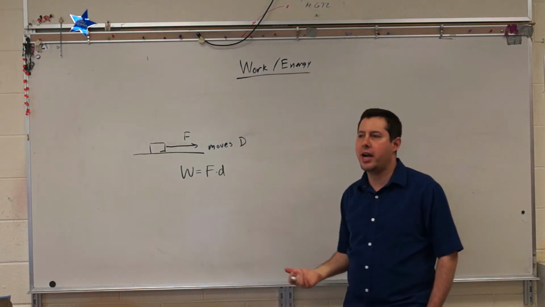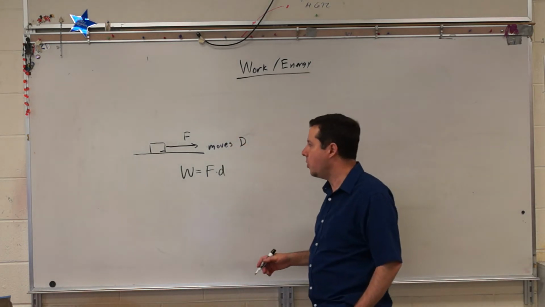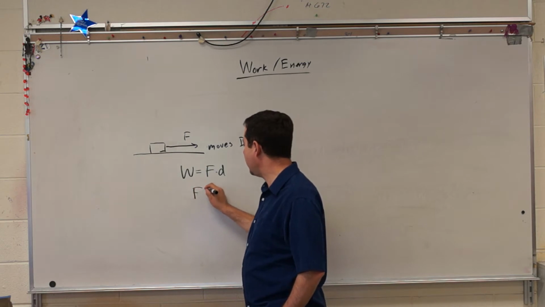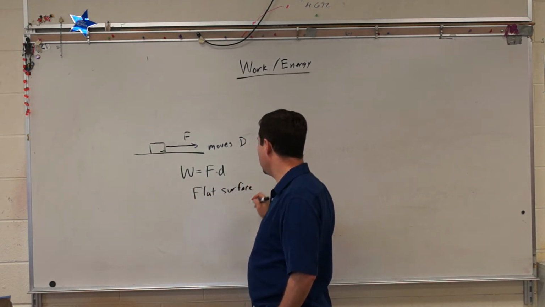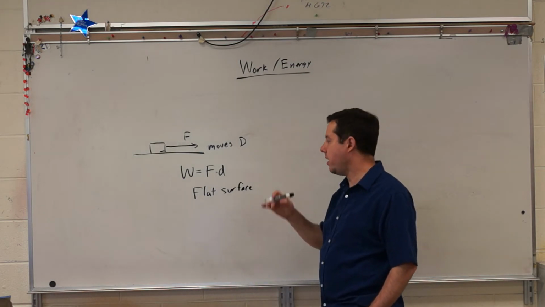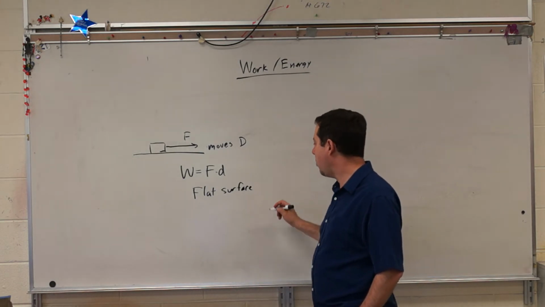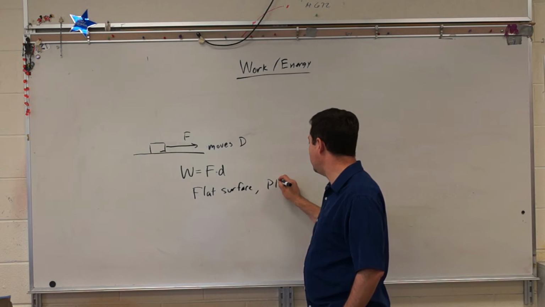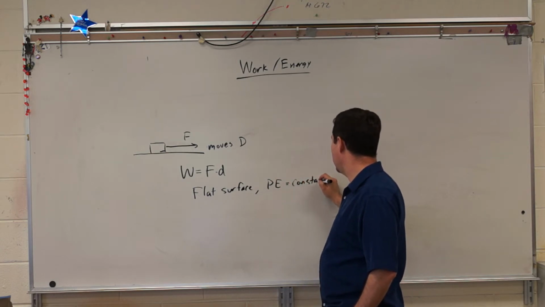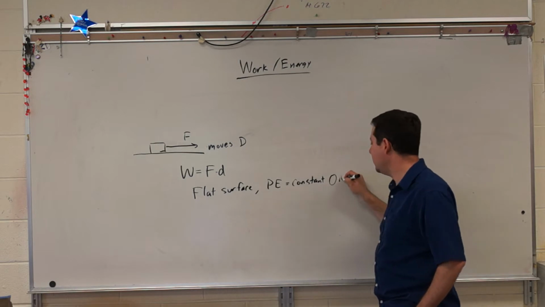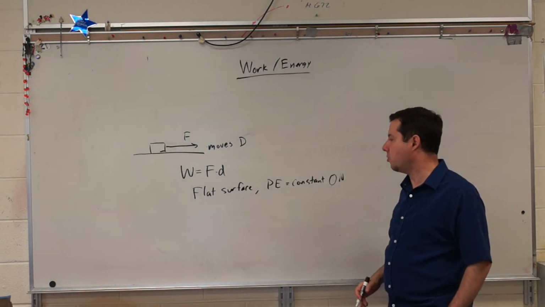But the question is, what kind of energy are you adding to it? So keep in mind, in a flat surface, there's no change in height or elevation. So therefore, your potential energy is going to remain constant, usually defined as 0 if you're on the ground.